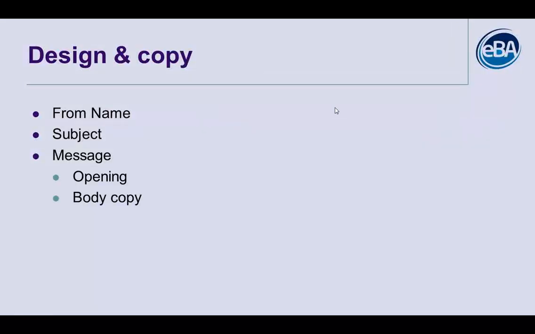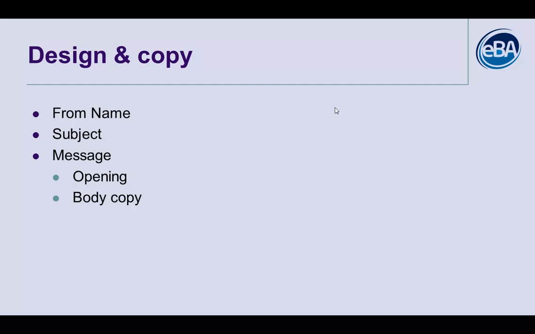So the design and copy basically includes the from name, subject line, and a message. Because when you receive an email, the whole experience is going to be part of the design and message, the copy. So the very first thing you see is actually the subject and the from name, from whom.